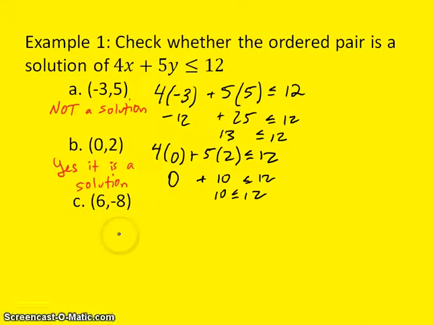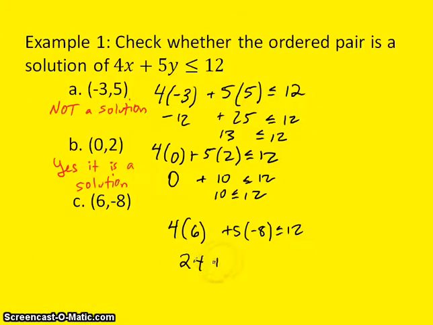And 6, negative 8, last one, check that one. 4 times 6 plus 5 times negative 8 less than or equal to 12. 4 times 6 is 24 plus a negative 40.